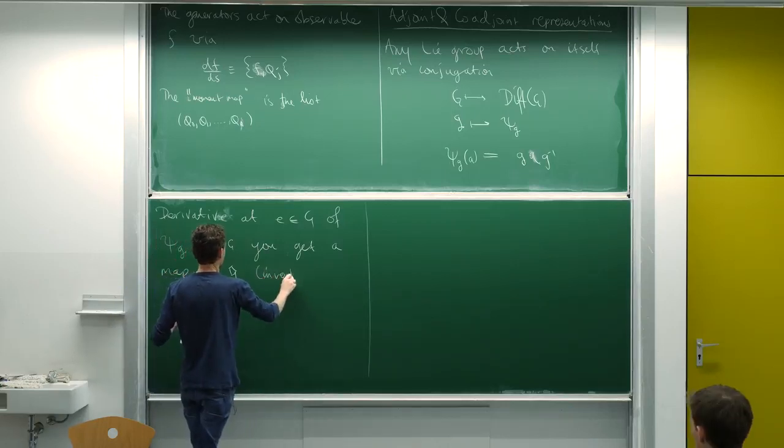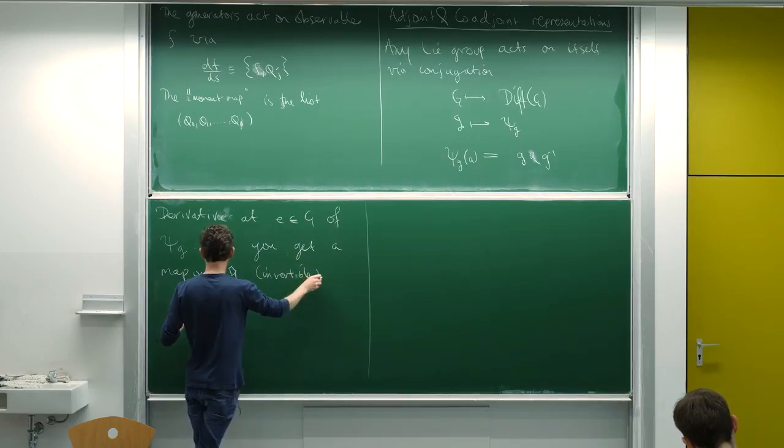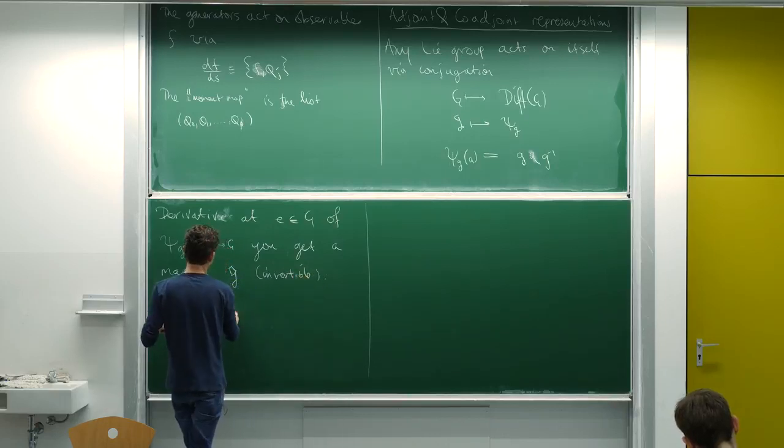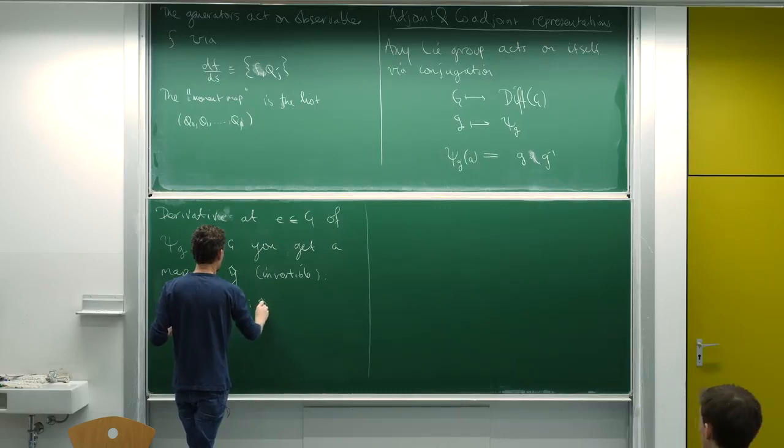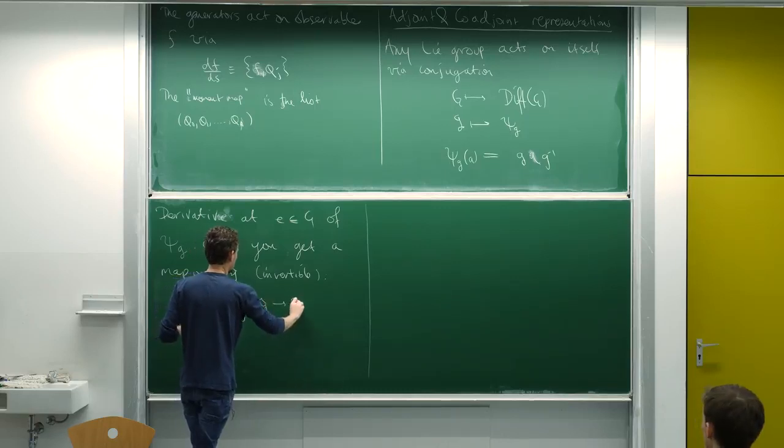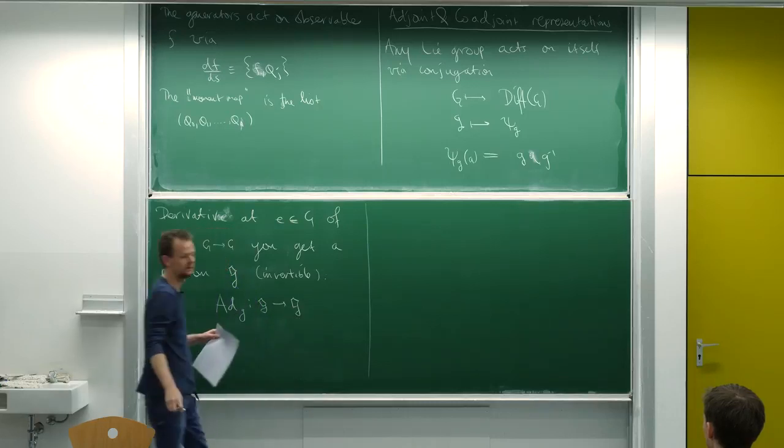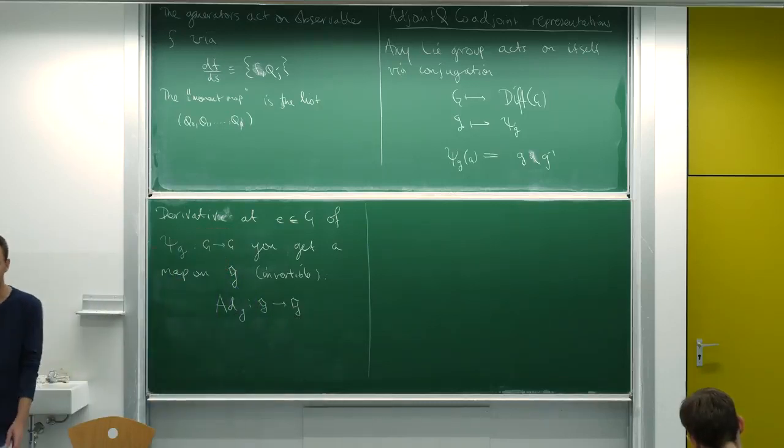This map is furthermore invertible. And we give this map a name. It's called Ad g, and it goes from left invariant vector fields to left invariant vector fields.